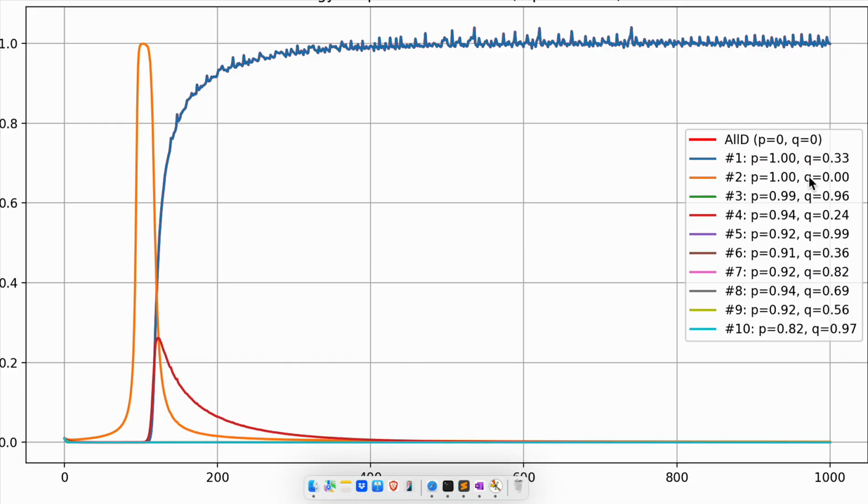At the end of the day, the strategy you will find in the population corresponds to GTFT, that is p equal to 1 and q equal to 0.33. So that frequency becomes 1 in the long run. That means all the individuals in the population will become a GTFT-like strategy.